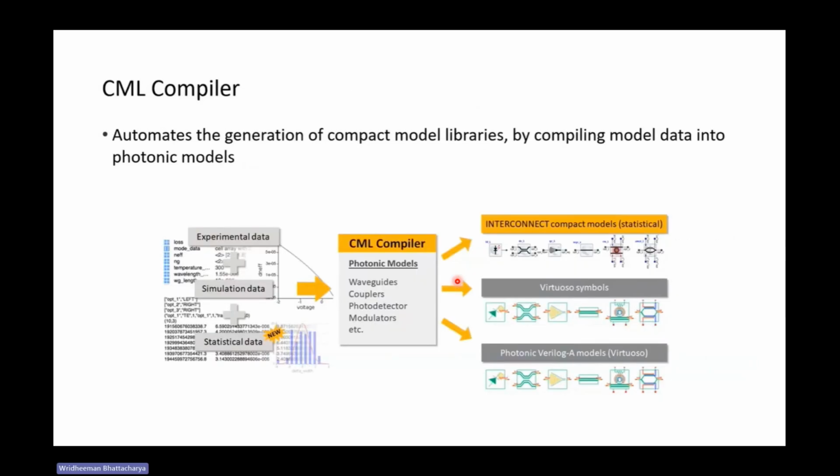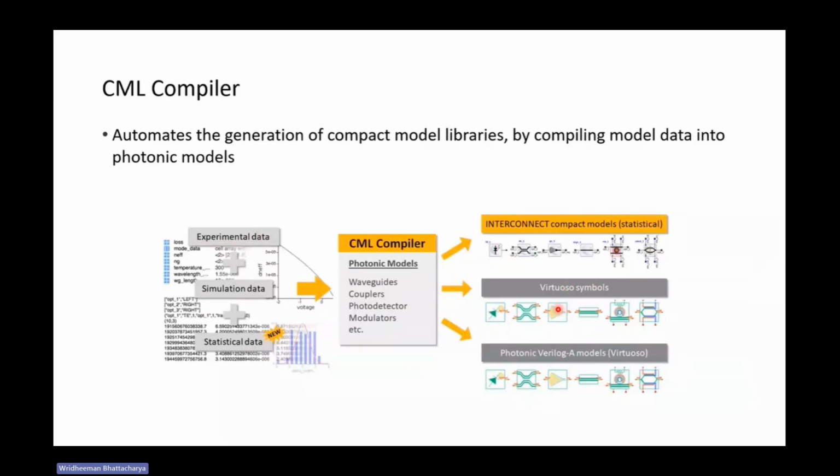The CML compiler. So what is it? It bridges the gap between the experimental data, simulation data, and statistical data, and INTERCONNECT. It automates generation of compact model libraries by compiling model data into photonic models. So if we have experimental data which we are studying in our simulation, and statistical data, we could do it in the CML compiler and bring it into INTERCONNECT as compact models, in Virtuoso symbols.